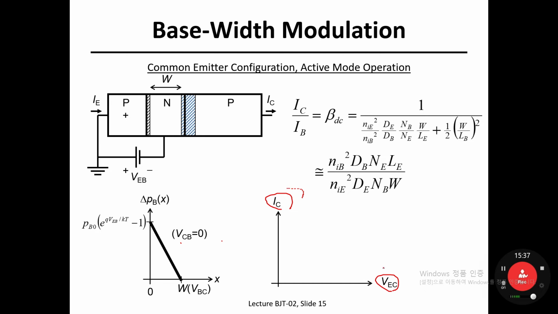Okay, then here is the output voltage, and here is the output current. So in this common emitter configuration, the output current is matched to I sub C, the collector current, and the output voltage means emitter to collector.